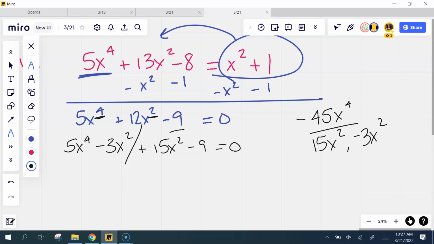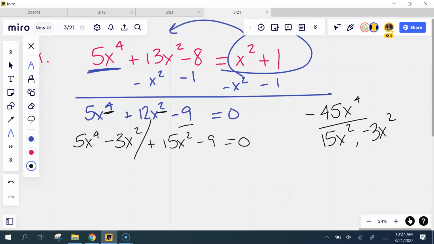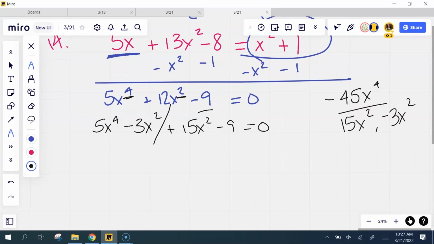What can you take out of those first two? X squared. What's left? Exactly right. Middle sign stays. How about the last two? 3. That's exactly right. What's left? Same thing.